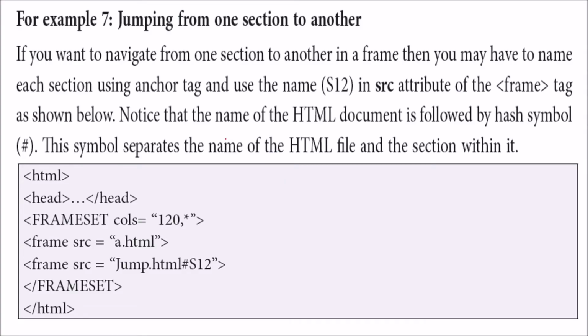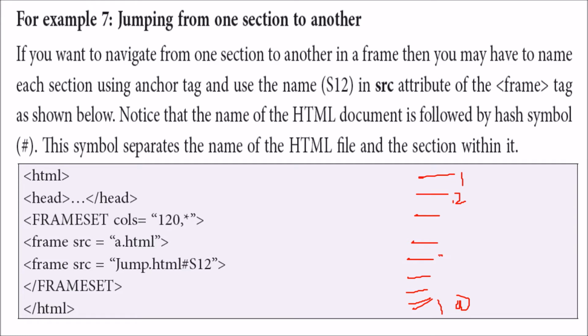This we have done. Let us go to jumping from one section to another. Now you have to see this very patiently, because there is a code here. What we are going to do here is, say I have various content. Say this is 1, this is 2, like this, and this is 100.